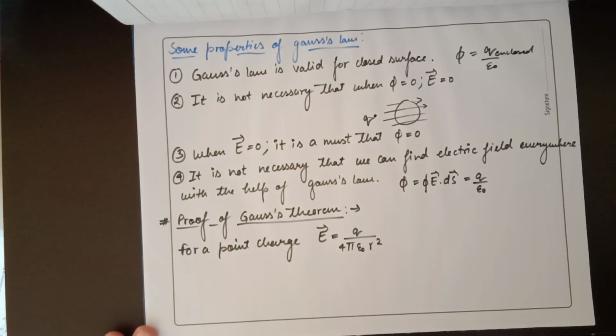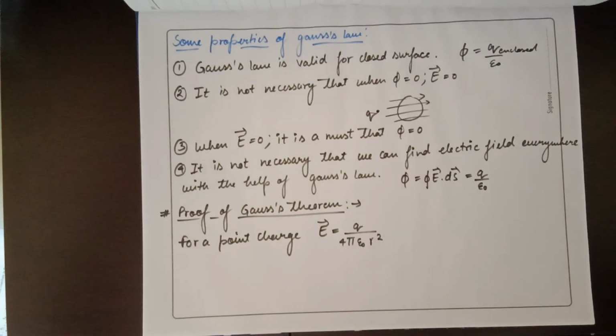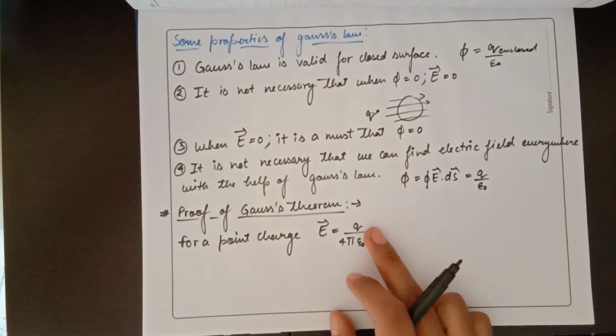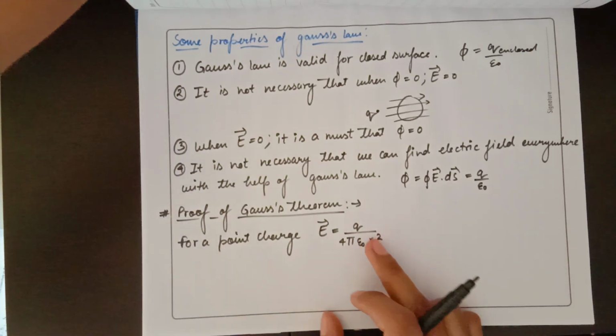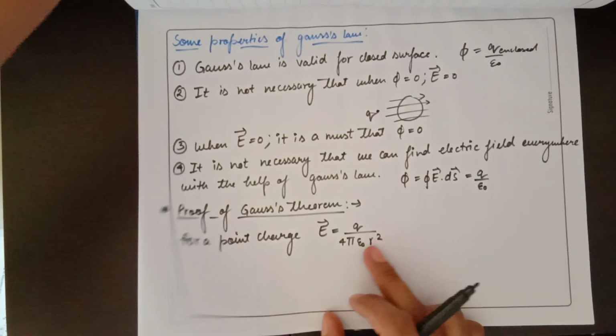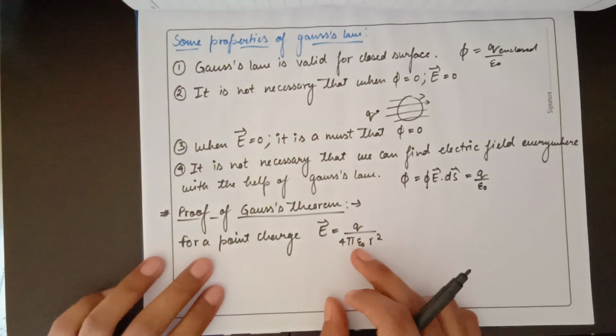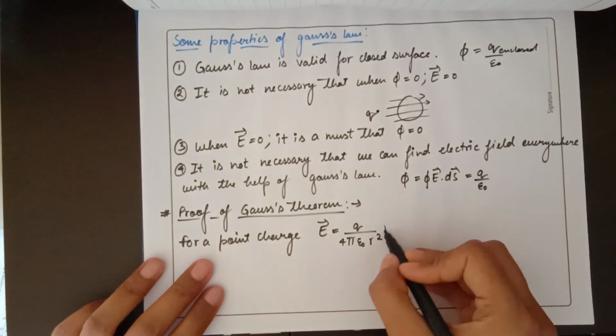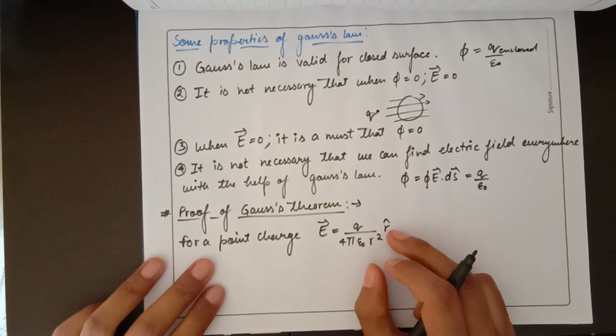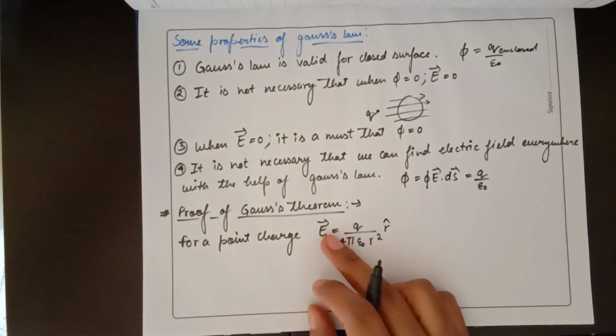Proof of Gauss's theorem. As we know, for a point charge, E is equal to 1 upon 4 pi epsilon naught times Q upon r square, or I can write it as E is equal to Q upon 4 pi epsilon naught r square times r cap. R cap is for showing the direction of the electric field.